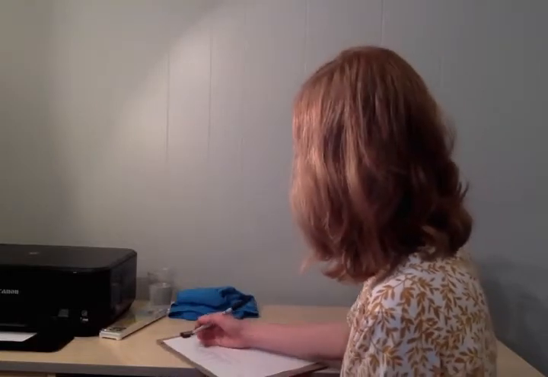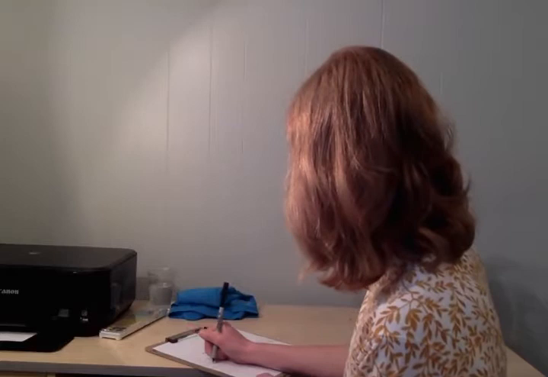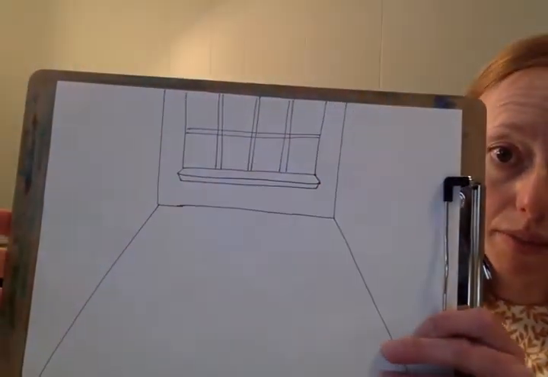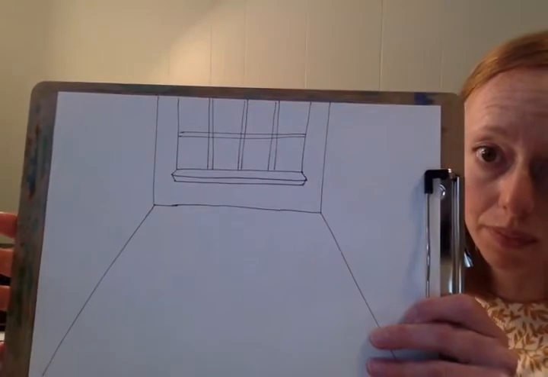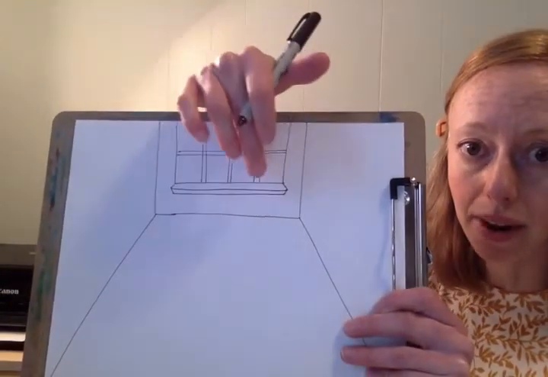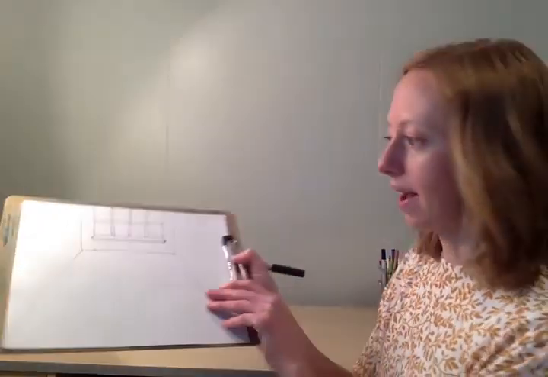Okay, so go across here. So this is what I'm doing for my window, and the window panes here. And then I'm going to draw some plants on that, sitting on that shelf.